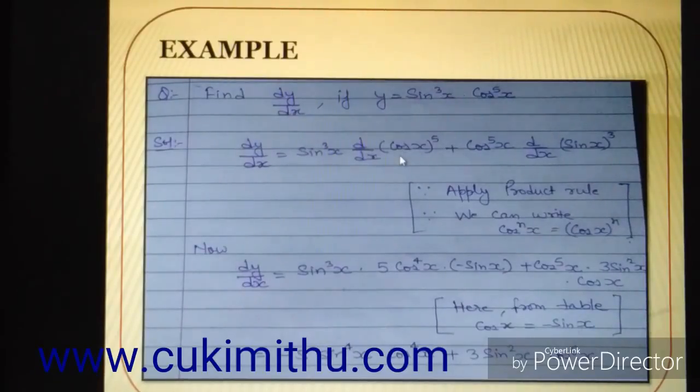First we apply the x to the power n formula, assuming it as x to the power n, and we get 5 into cos to the power 4x, multiplied by the derivative of cos x, which is minus sin x. Plus, similarly, cos to the power 5x into the derivative of sine cube x, using the x to the power n form and then this form.